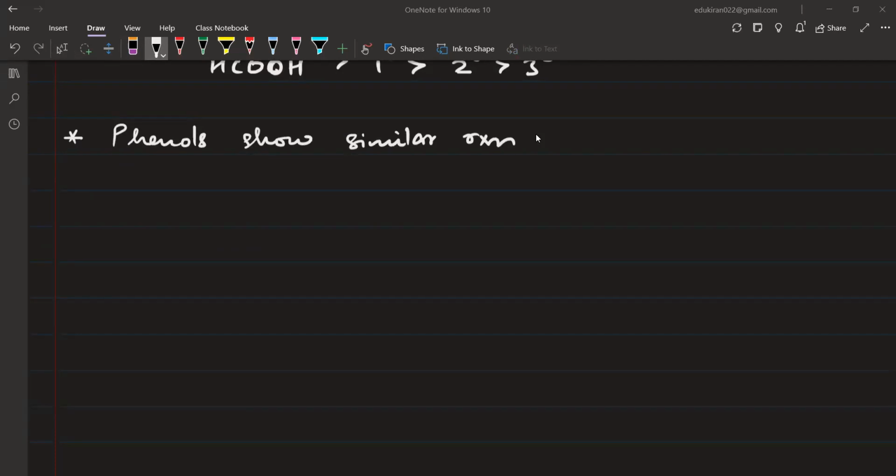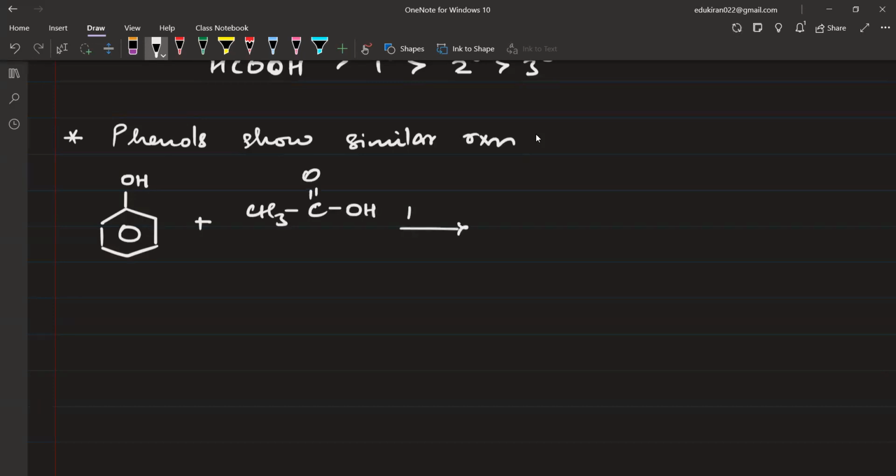Okay. So if I have, let us suppose, phenol something like this: OH on the carbon atom, plus CH3, C double bond O, and OH, in the presence of HCl. What are we going to get?